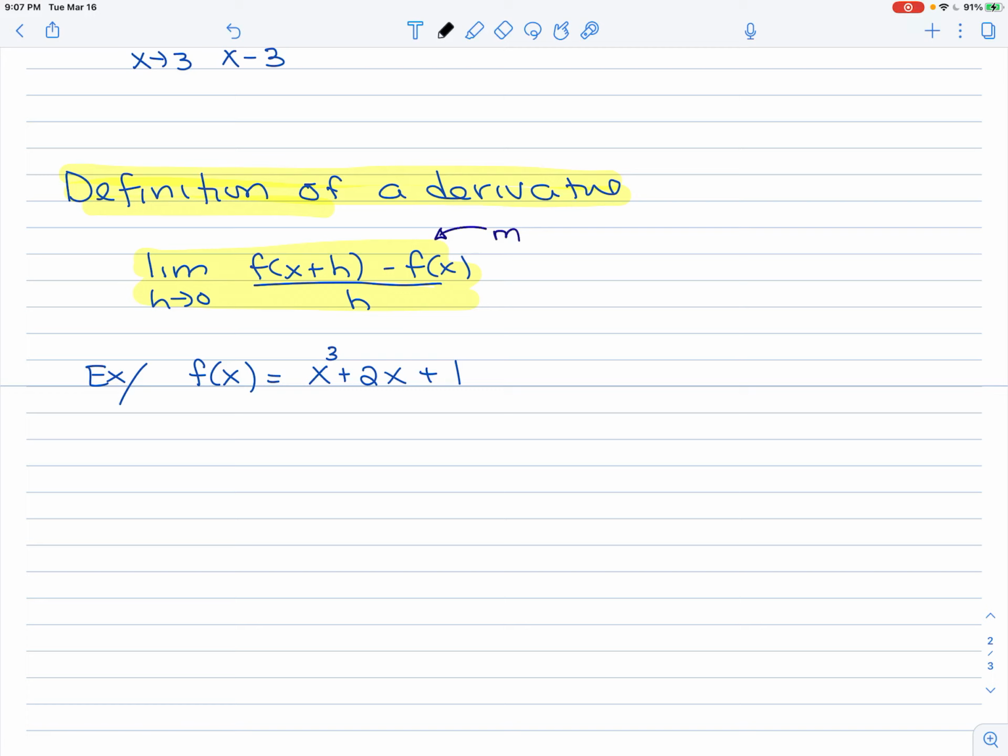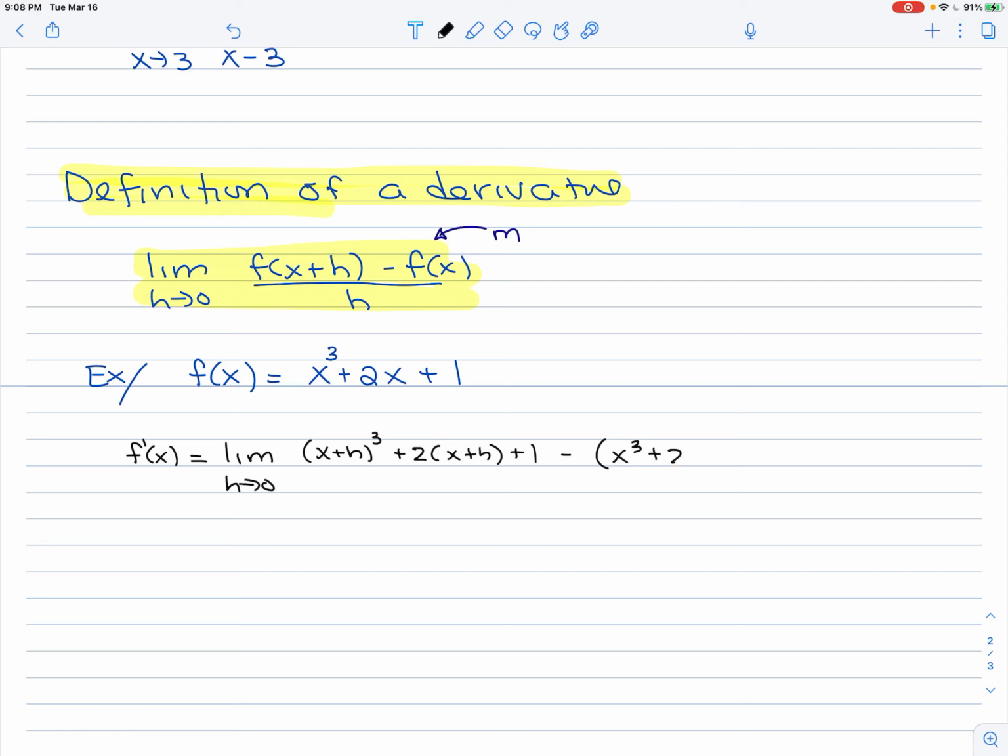All right, so I can get the derivative by plugging this f of x into the formula. So it says replace x with x plus h. So I have x plus h cubed plus 2 times x plus h plus 1. Okay, so that's me plugging f of x plus h in, and then minus, and now I'm going to just plug x in.